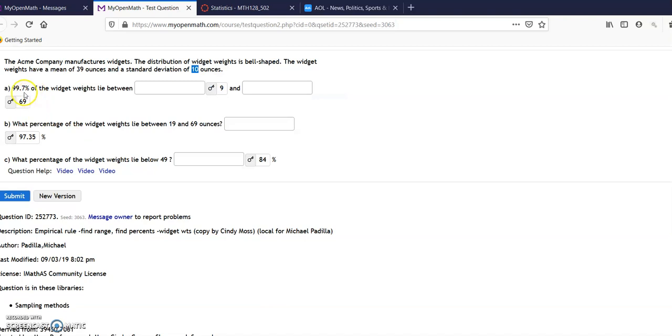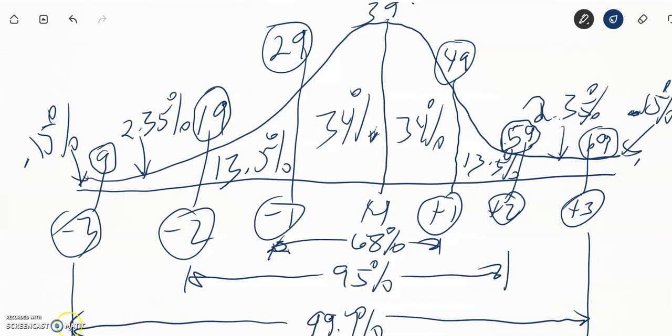Let's do the first one: 99.7% of the widgets lie between what 2 numbers? It's always going to be within 3 standard deviations. If I add up -3 to +3, I get 99.7%. If I add up -2 to +2, I get 95%.